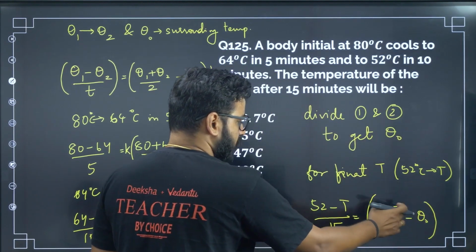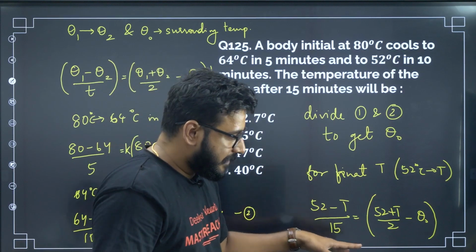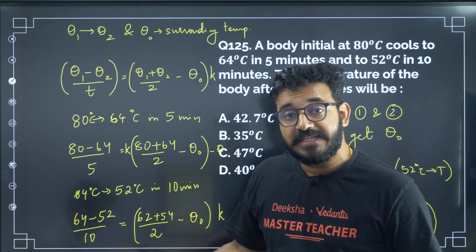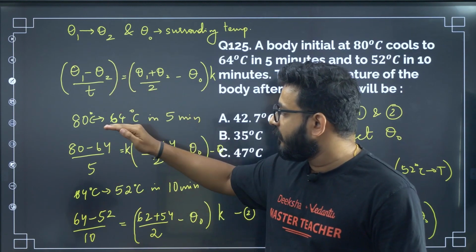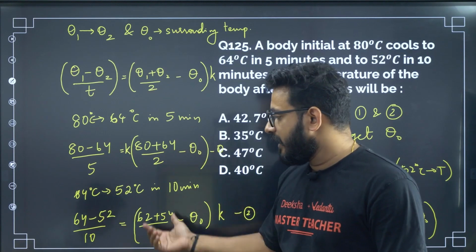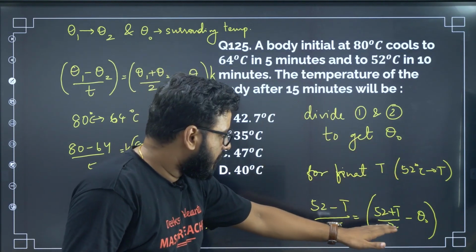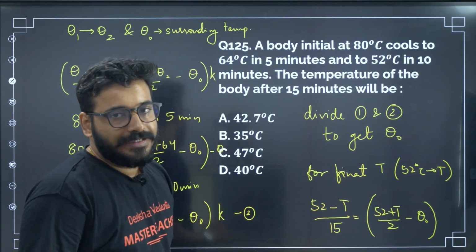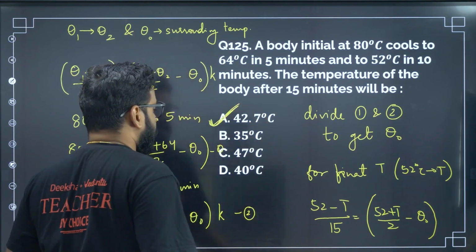Just substitute theta naught here and solve for T. This is a very lengthy question and very tricky also. You cannot miss even a single step, or the entire answer will crash. So take it one by one at each step. First determine theta naught by dividing both equations, then substitute in the final equation, and you will get T as 42.7.